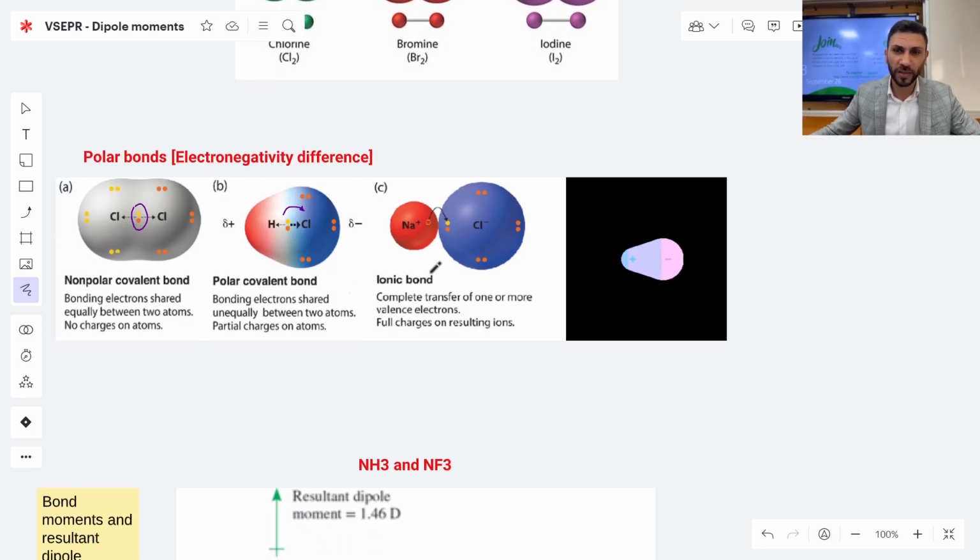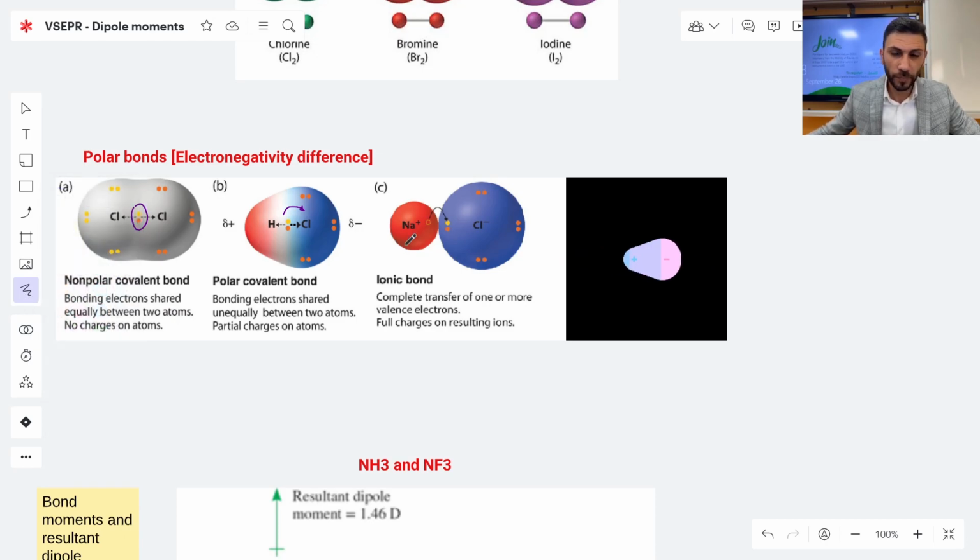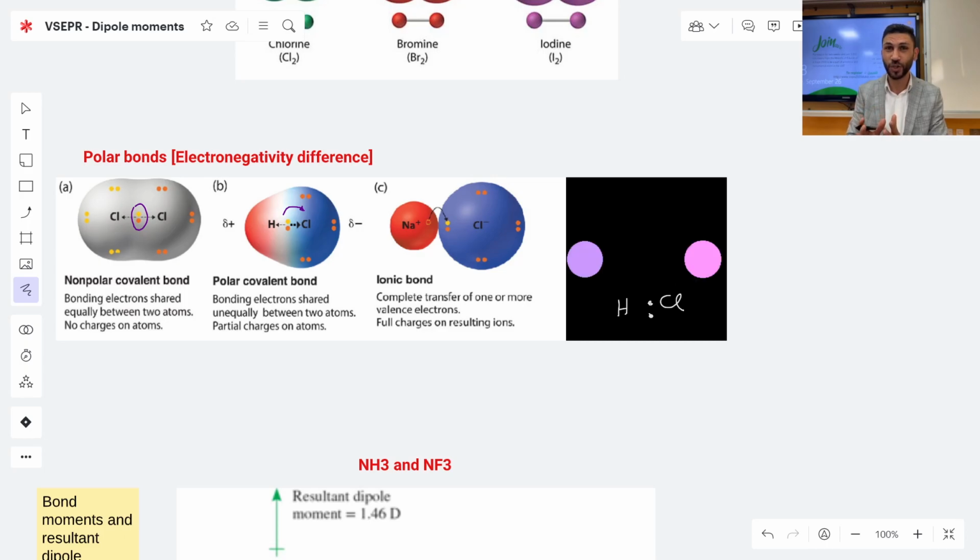Now, how can we write this? As you can see here, this is the chlorine and this is the hydrogen. This is Cl and this is H, and these are the bonding electrons between them. They are closer to the chlorine. And we all know that the electron has a negative charge. So when they are closer to the chlorine, this section of the molecule becomes more negative.